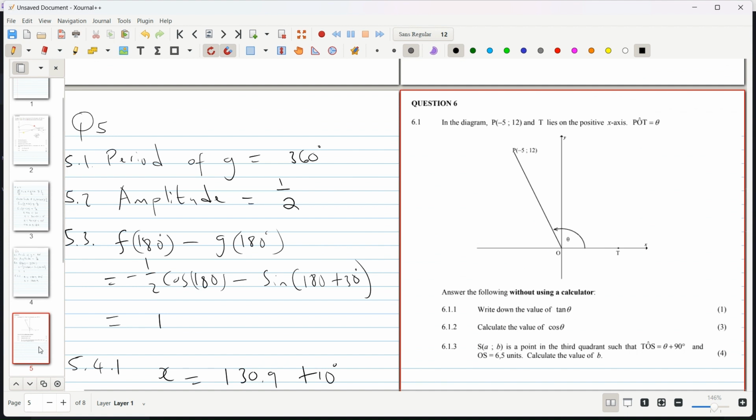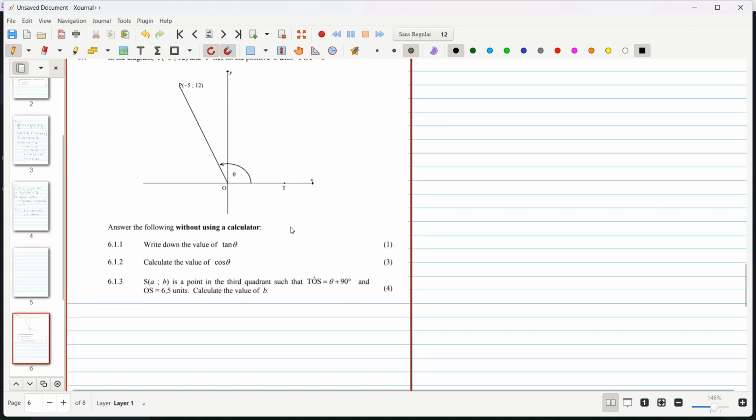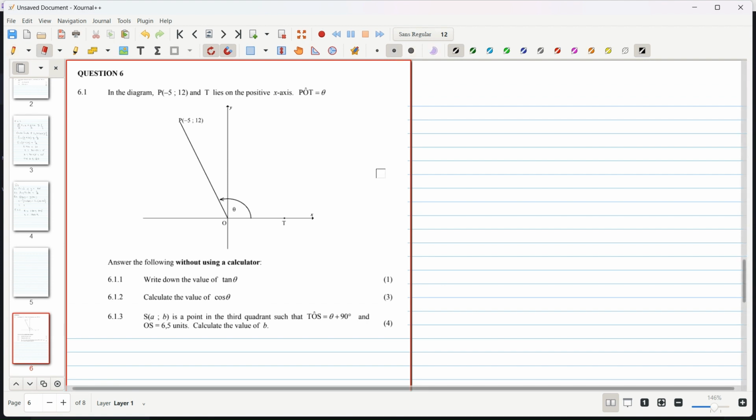So moving forward, let me move this down. For question 6, we are given a diagram and a coordinate of P. We're given P equals (-5, 12), and we're also told that T lies on the positive x-axis.